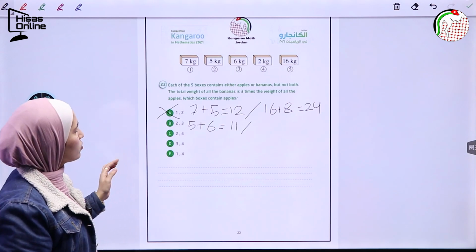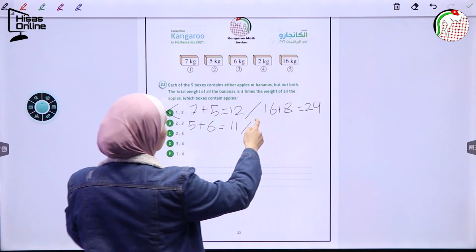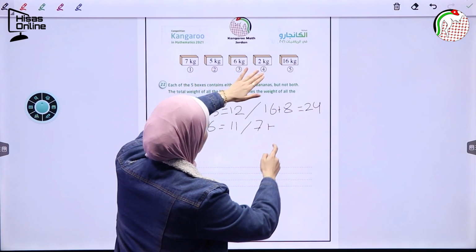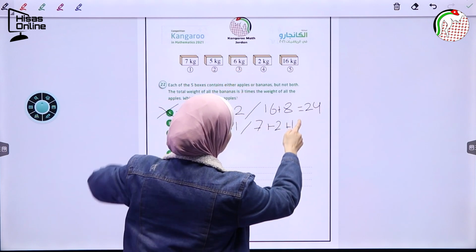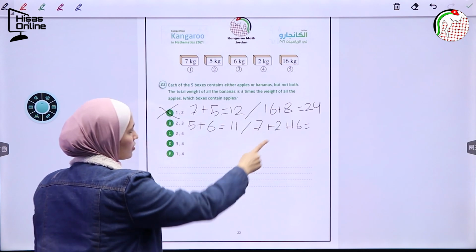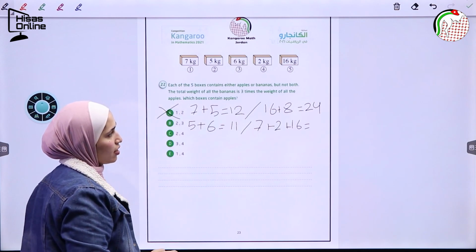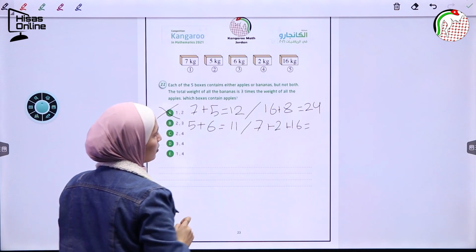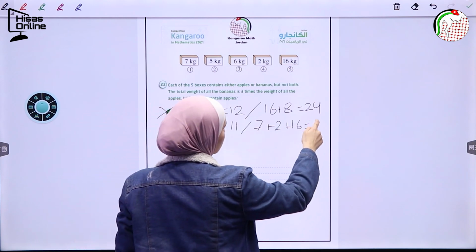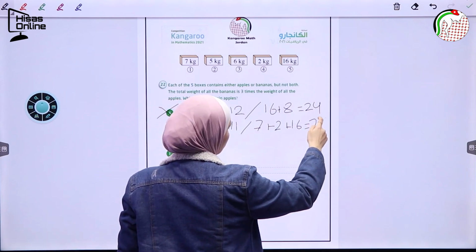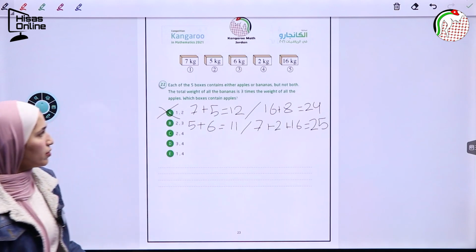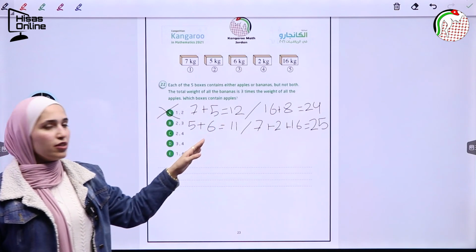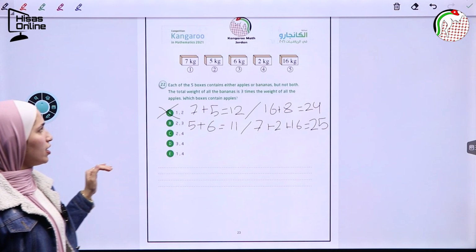So now let's try to add 7 plus 2 plus 16. 16 plus 2, that means 18, plus 7, that means 25. Is 25 a treble of 11? No, so this is not the answer.